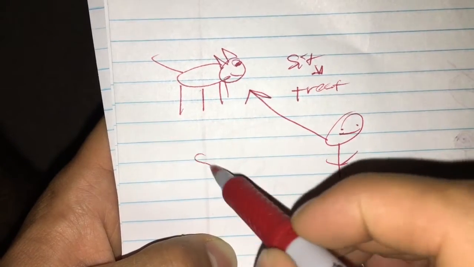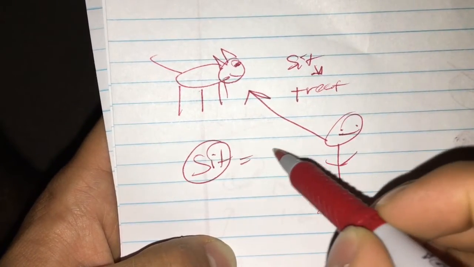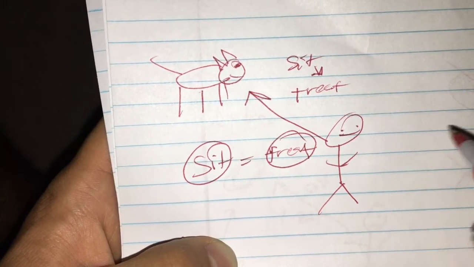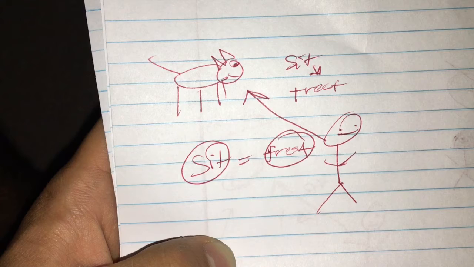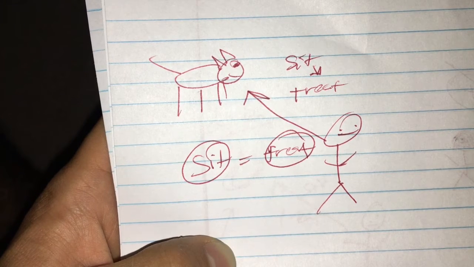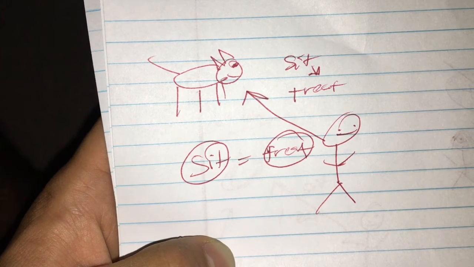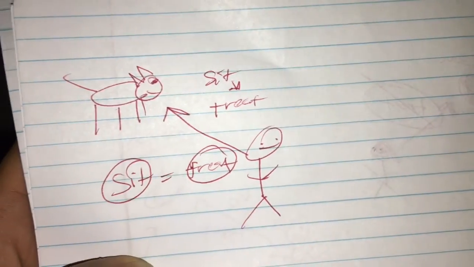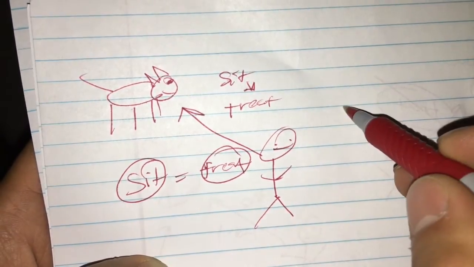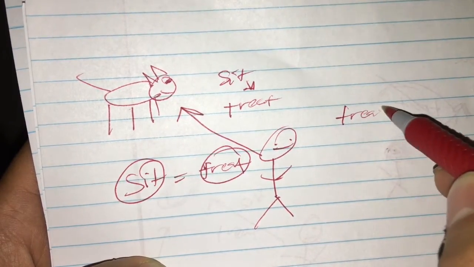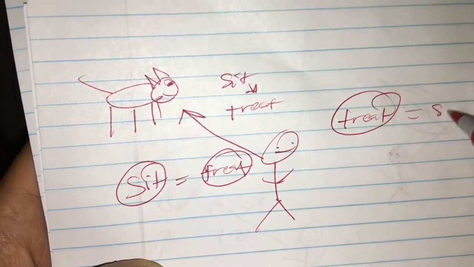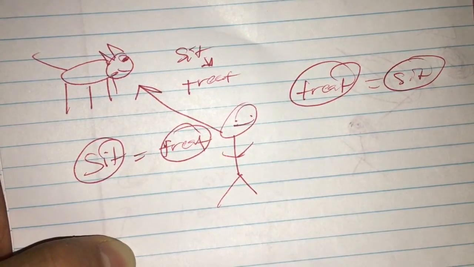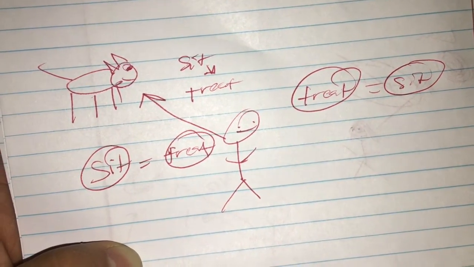So no sitting equals no treats, and that is known as negative punishment. Now let's say the dog is so well trained that you can just remove the treat, so no treat, but he still sits. This becomes known as negative reinforcement.